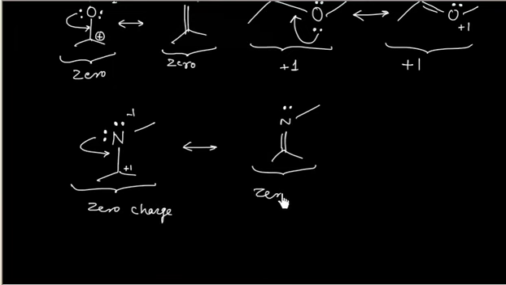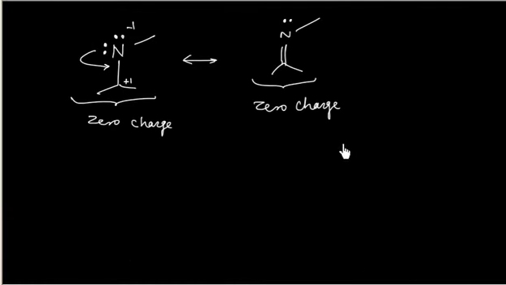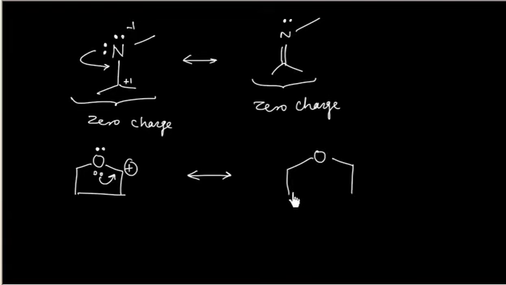So this also has 0 charge. Now this one, so once again we have to convert a lone pair into bond pair. So initially we have a +1 formal charge. We can convert this lone pair into bond pair. If I follow the arrow, now this oxygen will have +1 formal charge.